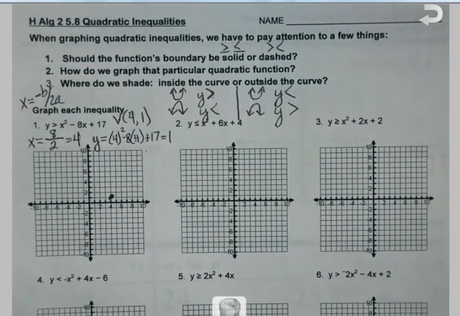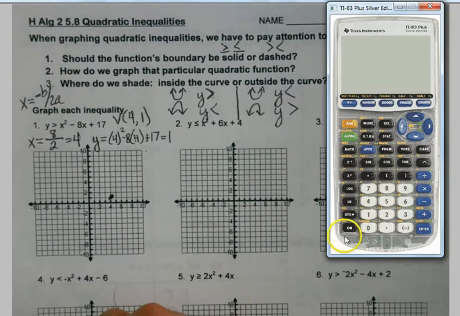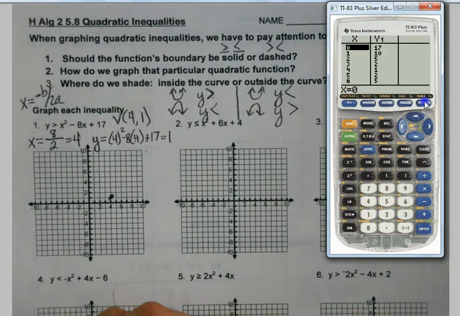At this point, and that's just me, I would probably, if I had access, go to the calculator because it's always going to be easier, once I know what my vertex is, to get my other points by just using the chart.